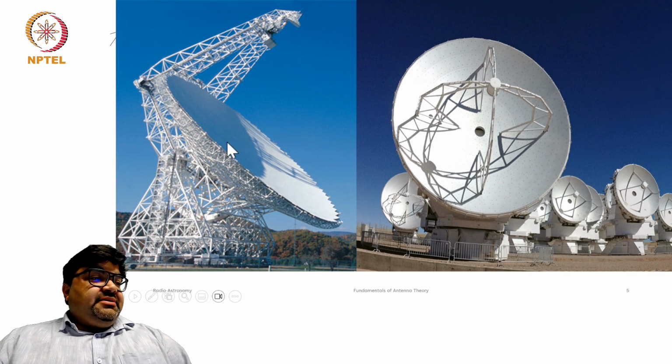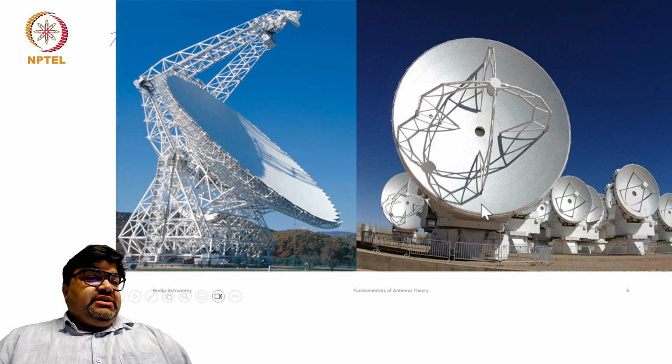They hit the surface of the dish, get reflected, and meet at this location where all the antennas and the receivers are kept. So this is mostly the assembly of this. This reflector is a passive reflector. That means it simply reflects, and doesn't add to the signal magnification or amplification.